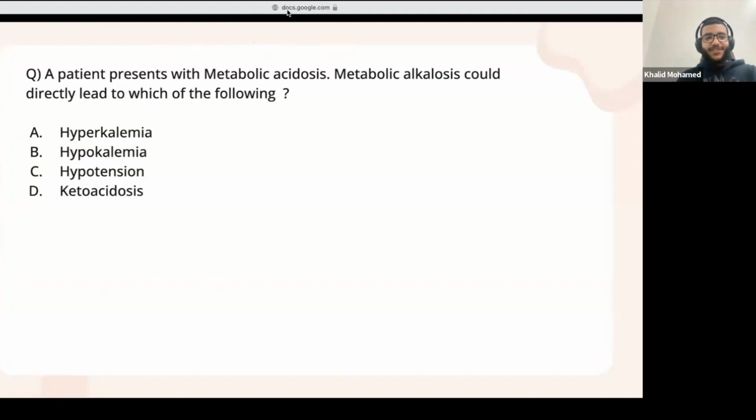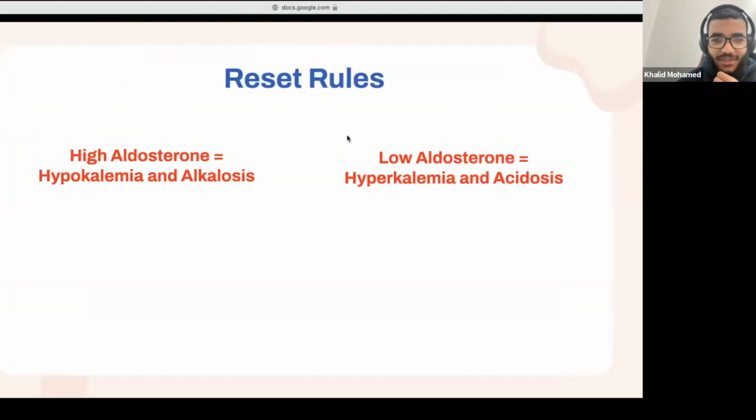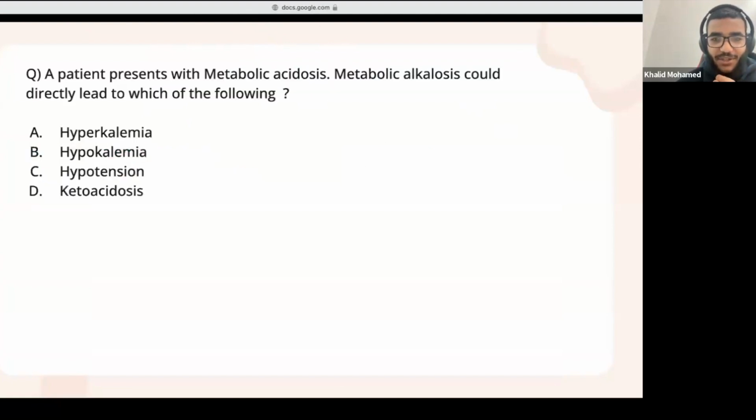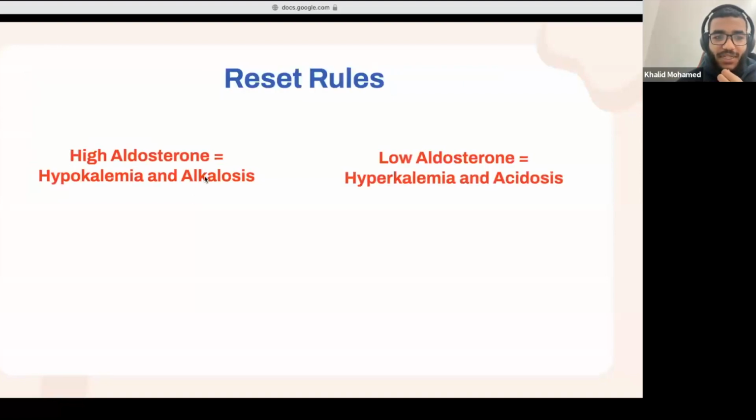Yeah, I guess you guys got the concept now. So as we said, this guy has alkalosis. And so we said alkalosis is linked with hypokalemia and high aldosterone.